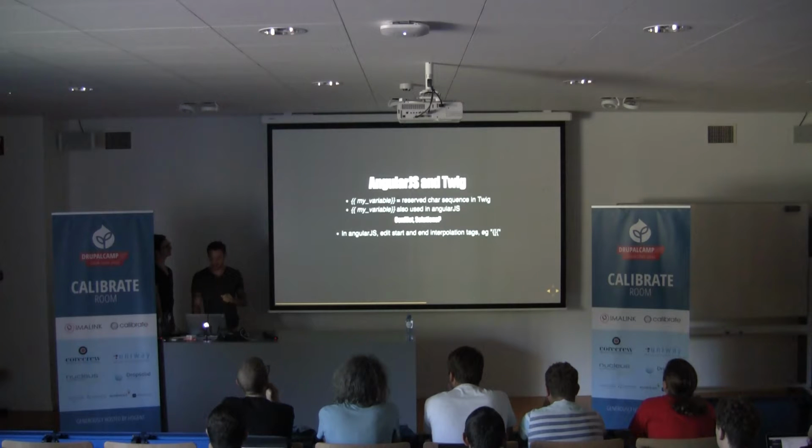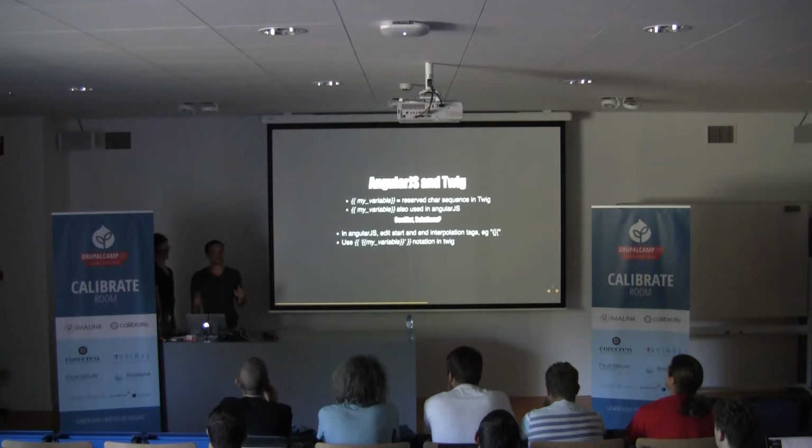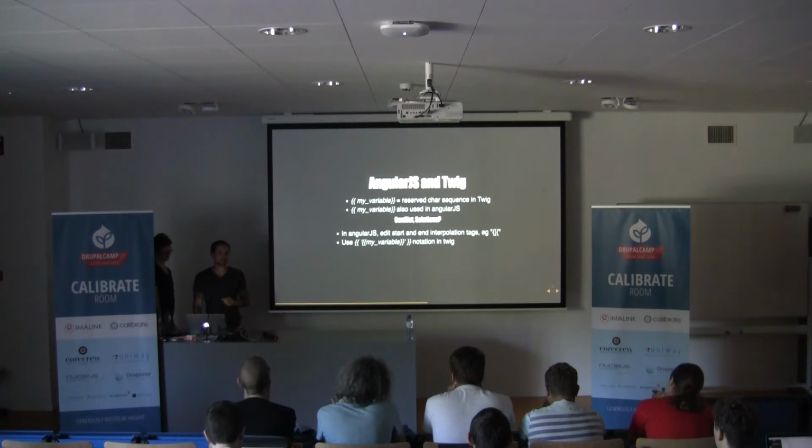Or the solution that we used is use this notation in your Twig template and it will work. You could also, an option, but I don't recommend it, change the interpolation tags in your Twig, but then Drupal core will totally flip out because all the core templates use curly brackets, so that's not recommended. But if you use Twig as a standalone plugin, you can change the interpolation tags in Twig.